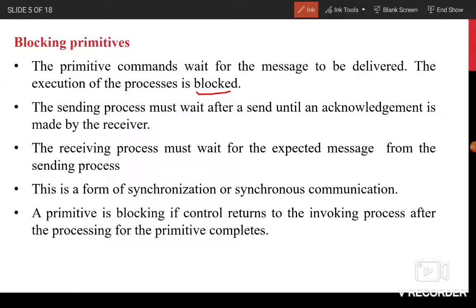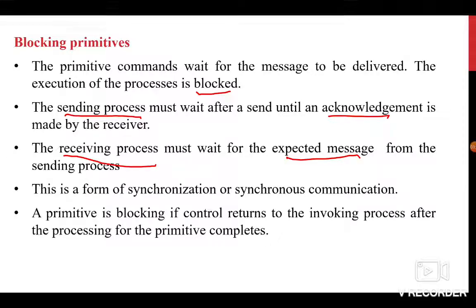Now we separately see when the sending process must be blocked and when the receiving process must be blocked. The sending process should be blocked until we get an acknowledgement from the receiver. The receiving process must be blocked until the expected message arrives from the sender process. So the blocking primitive can be in a synchronous form. That's called a blocking primitive.